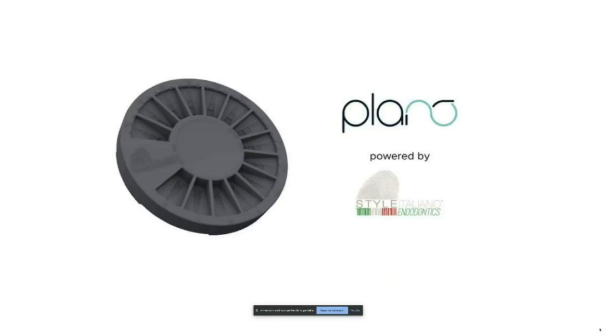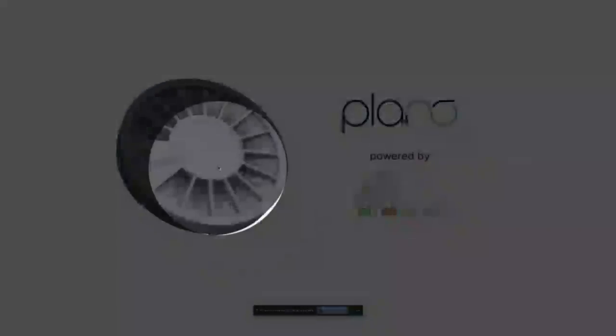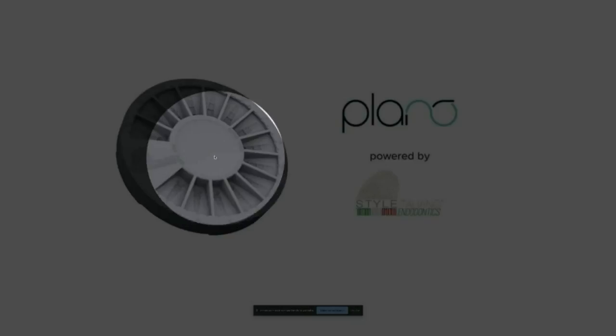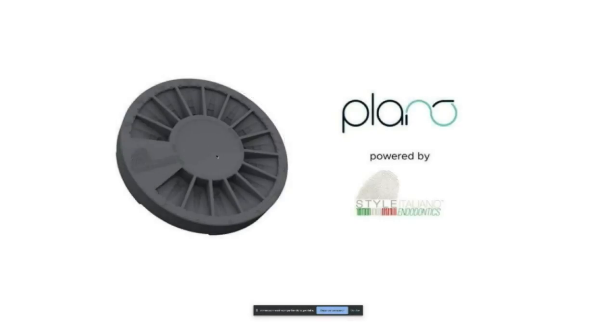And also, I would like to share the Plano. A lot of you maybe know the Plano. And the Plano is excellent not only when we're doing an endo treatment, but also when you want to mix the MTA in something that is sterilized. Okay, you can sterilize the Plano, and in the middle of the Plano you can place perfectly your MTA and also mix the material, the bioceramic material, in order to make the case.